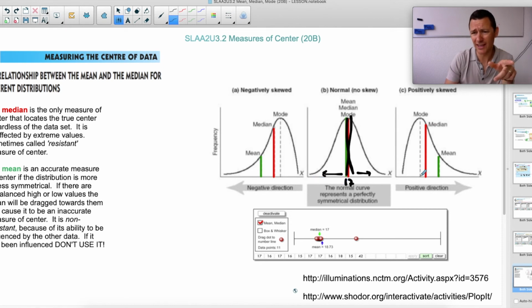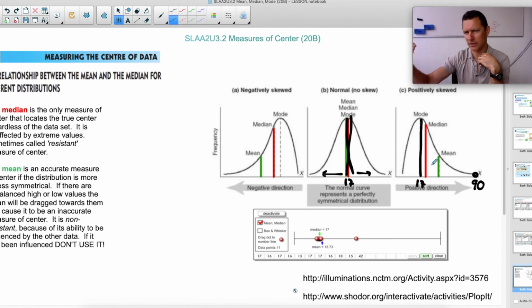Once I walk in, then I'm 90, and the mode would still probably be 17, and Mr. G is 90, right? So it pulls everything up, and we say that it's skewed in the positive direction. It means the tail is pulled positively. I guess it's this way for you, pulled positively. So this is positive skew.